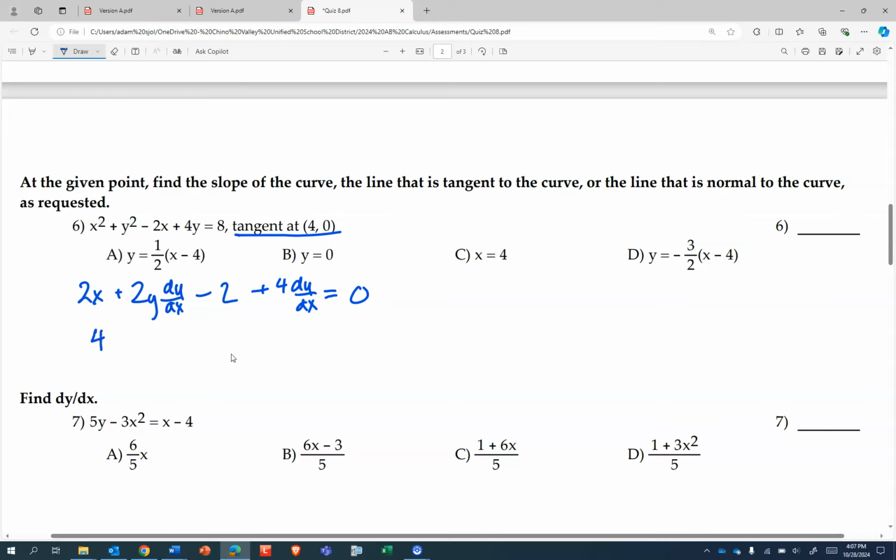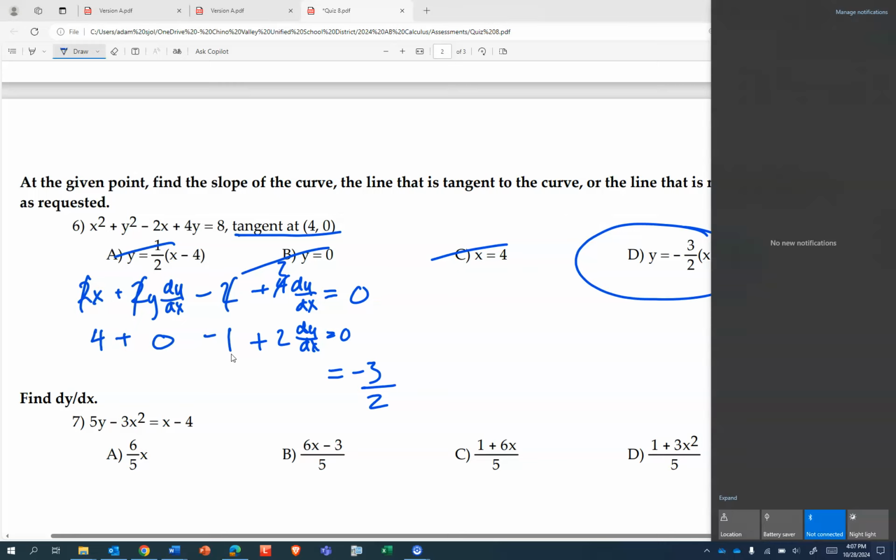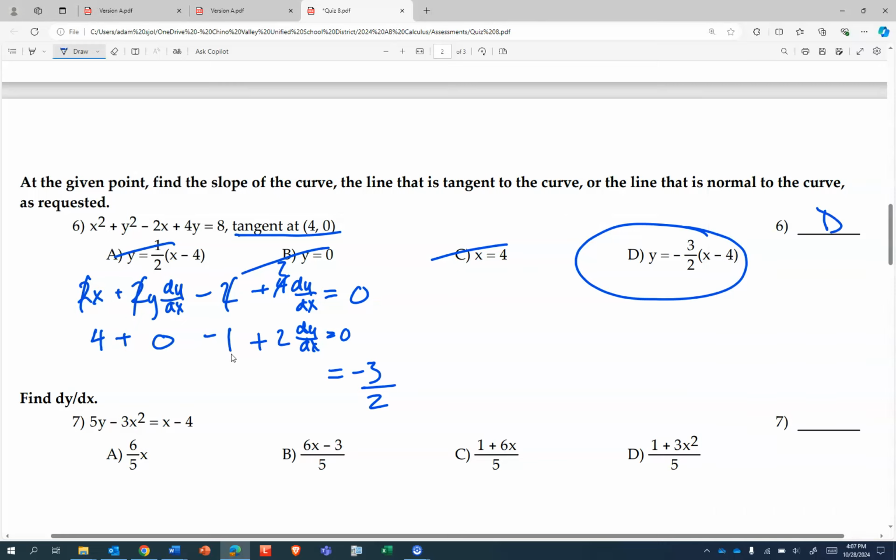So the x is 4, plus the y is 0, minus 1, plus 2 dy/dx equals 0. And so that looks like that's going to be negative 3 over 2. Only one of these has a slope that's anywhere close.